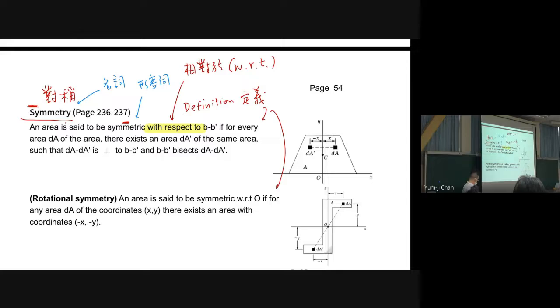And the exist is this one. And this one, bisect, is... I think I've explained all the difficult words here, right? Any words that you don't know here?